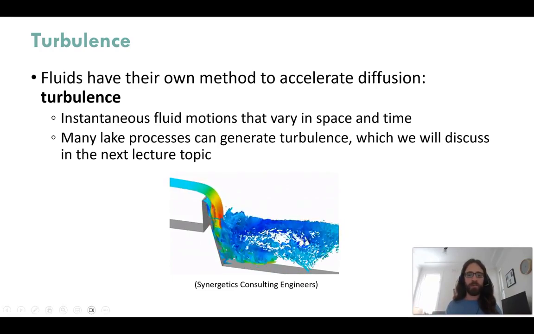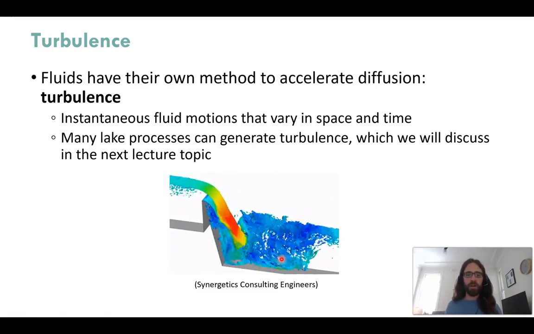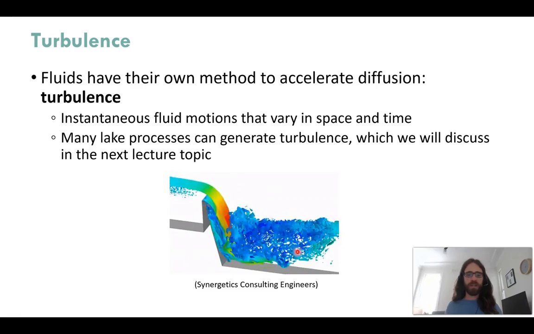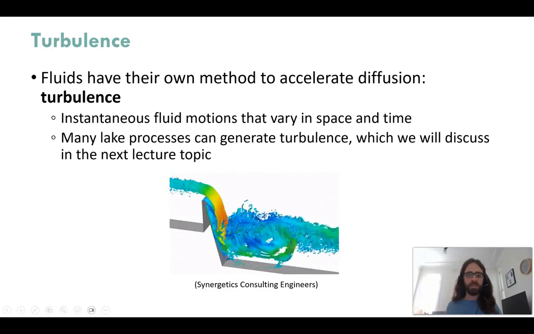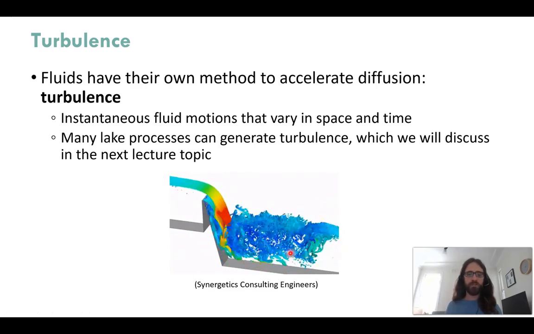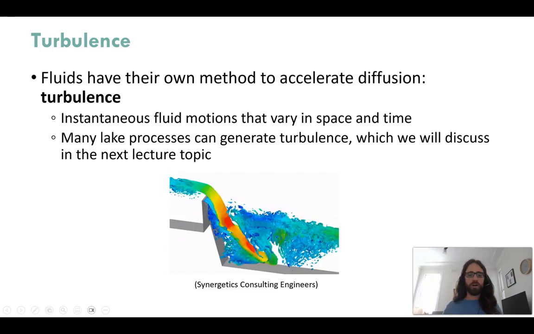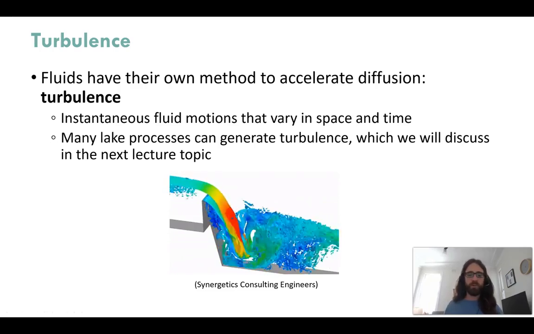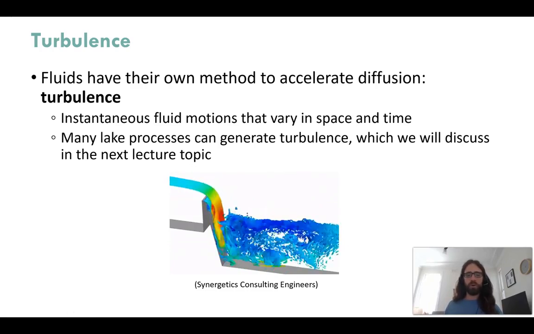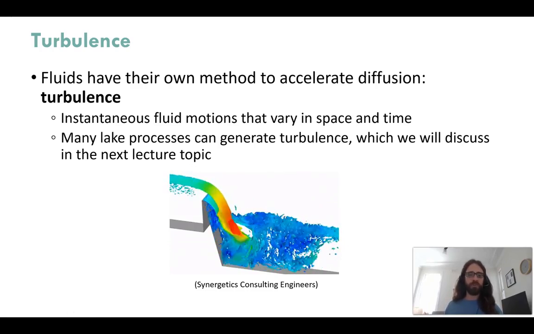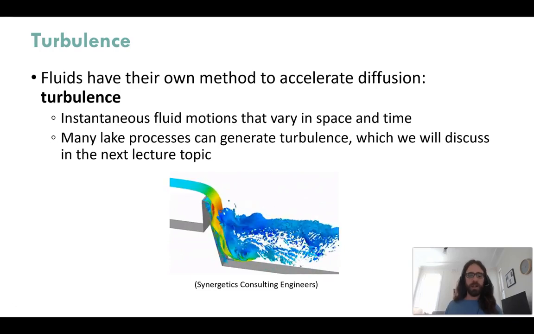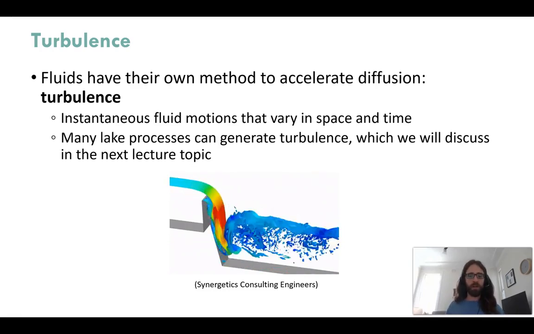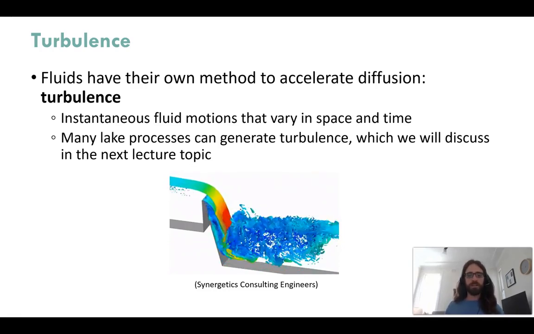And you can see an example of this just downstream of the spillway, where you get this water moving in all sorts of directions, and that direction is varying across the time of the animation, but also across the volume of the flow. There are a large number of processes for this turbulence to be generated within lakes and reservoirs. However, we're going to leave that for a future discussion in a separate lecture, and for now we're just going to focus on general characteristics of the turbulence that apply to any fluid and not just a lake and reservoir.